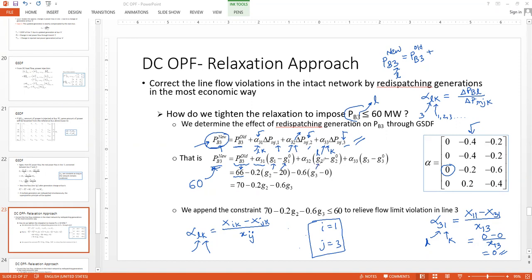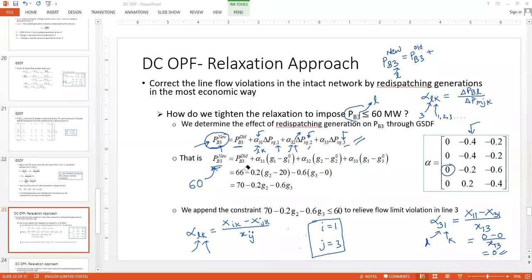Similarly, new generation at bus 2 minus old generation at bus 2 multiplied by alpha 32, plus alpha 33 times new generation at bus 3 minus old generation at bus 3.